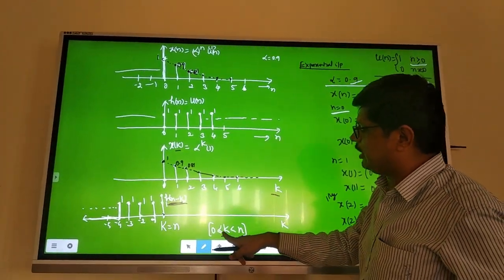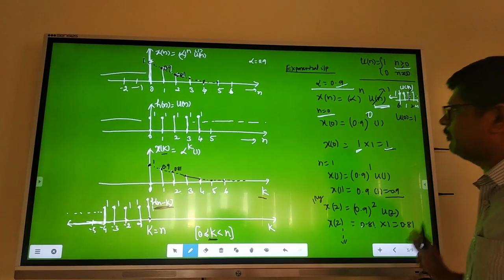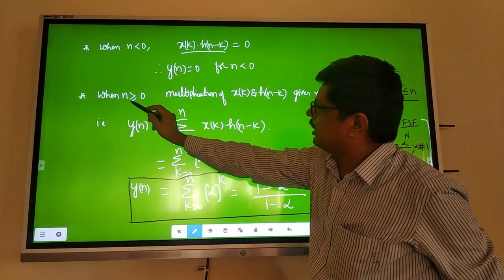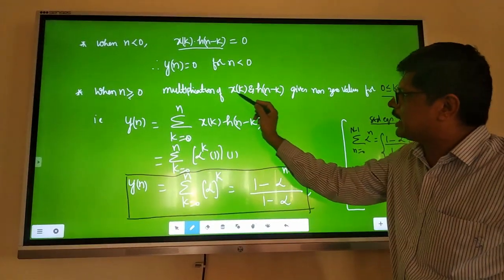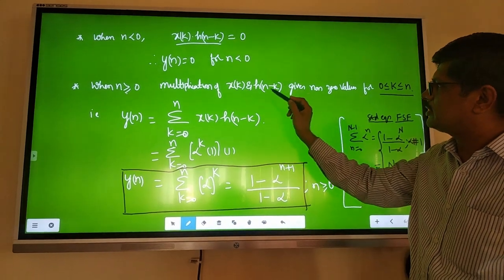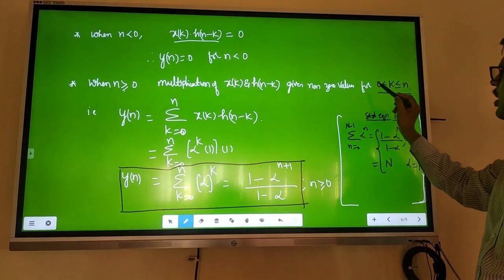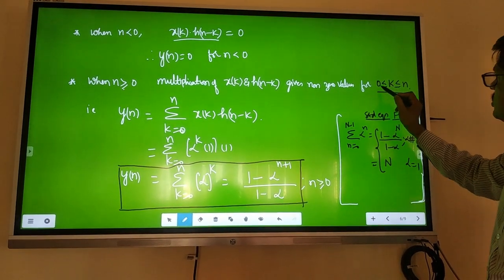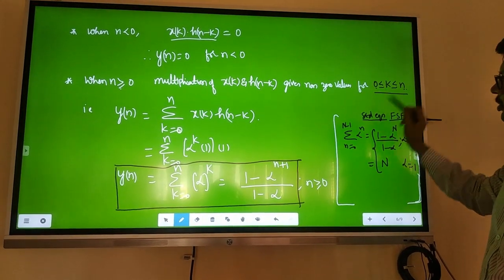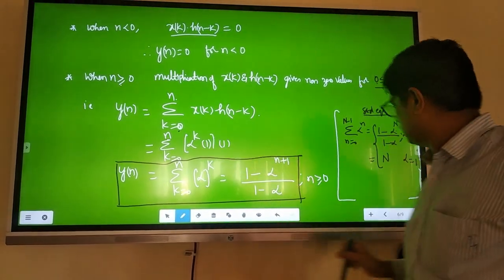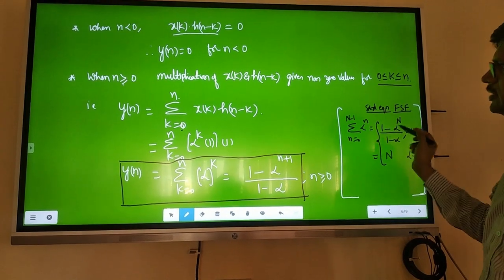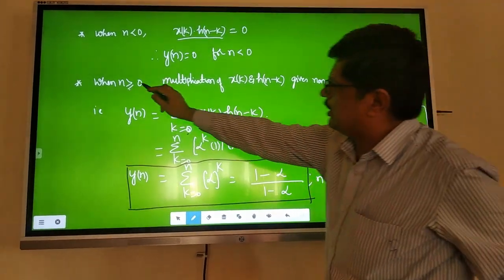But that k value varies between where to where? 0 to n. That's what I am writing. See, when n is greater than or equal to 0, the multiplication of x of k into h of n minus k gives non-zero values for k between 0 to n. K varies between 0 to n. That's why I am writing 0 to n. Now see that. What does it say?